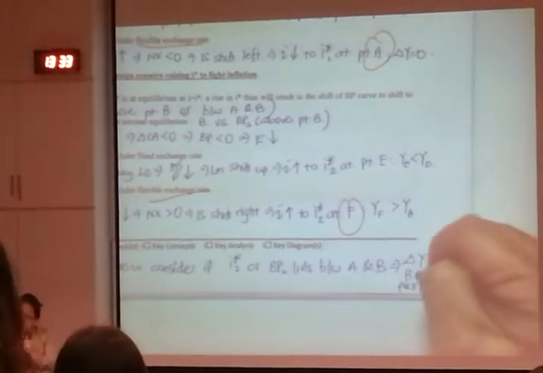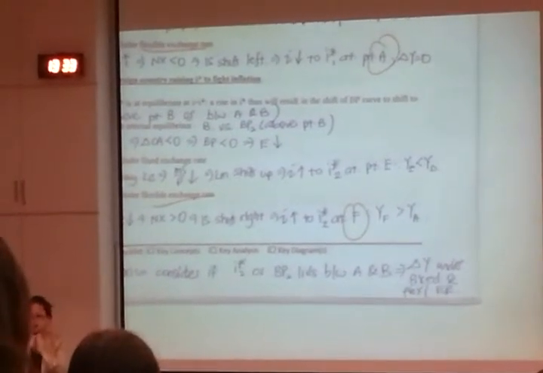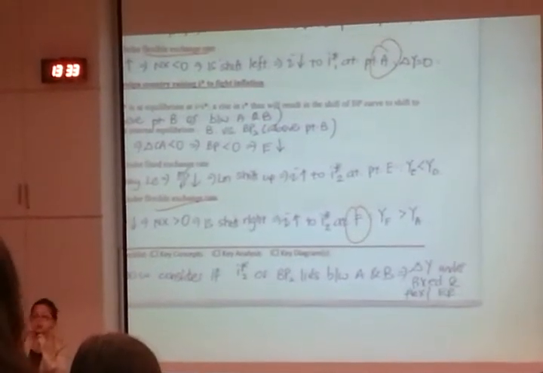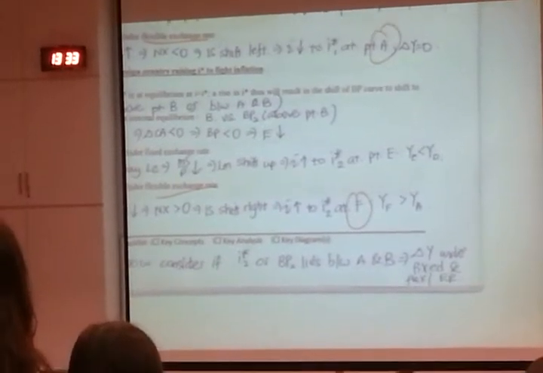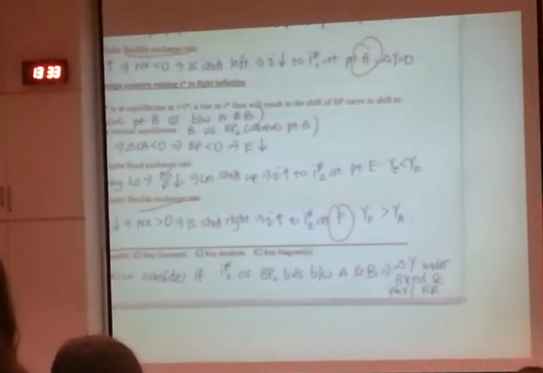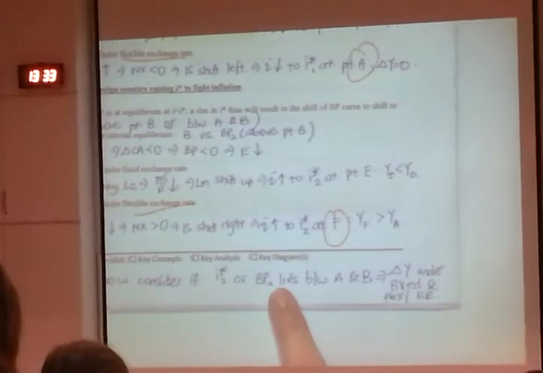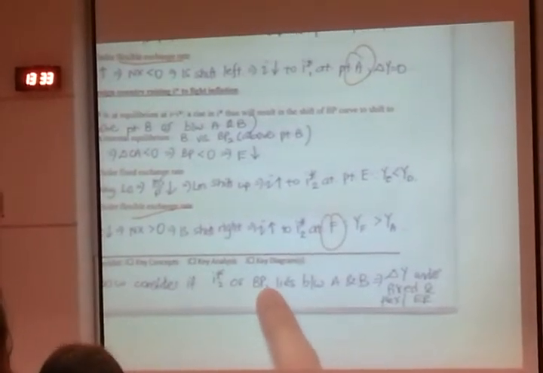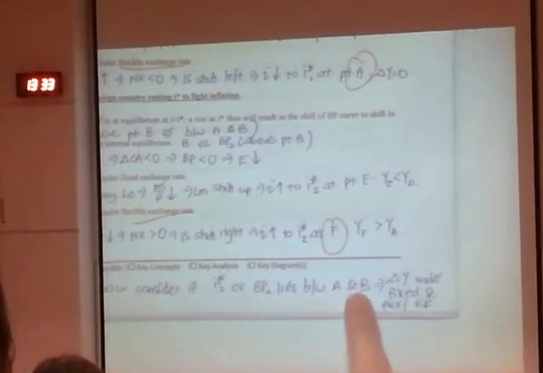All we know is interest rate goes up. It didn't tell us up to where. So it can be above point B, which we analyzed. It's easier. But it is possible that the I star 2 or the BP2 lies between A and B. So you draw another set. Don't use the big diagram. If you use the big diagram, it's a bit messy. Draw a new set, then analyze what happens to income when you compare fixed and flexible exchange.